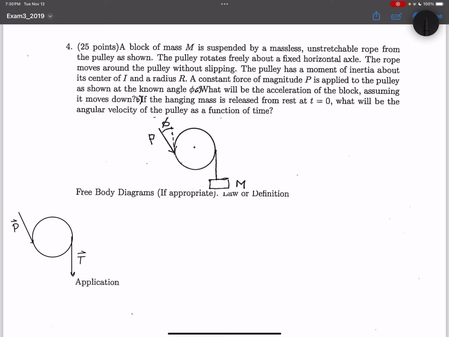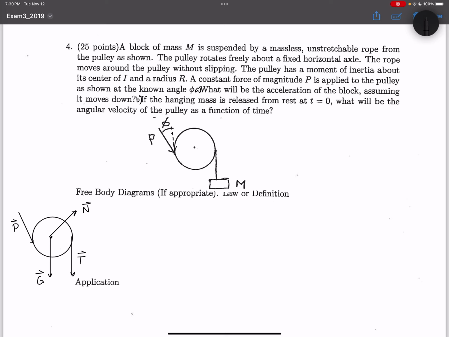And then I guess you could also say it has a normal force that we're not going to use in this direction. And then gravity acting down on it, technically. Okay, cool. And then we have the block.